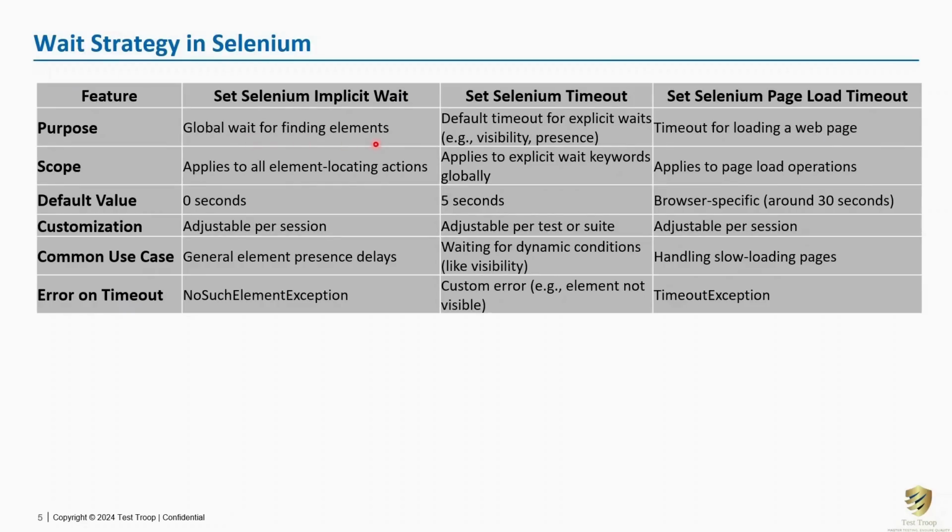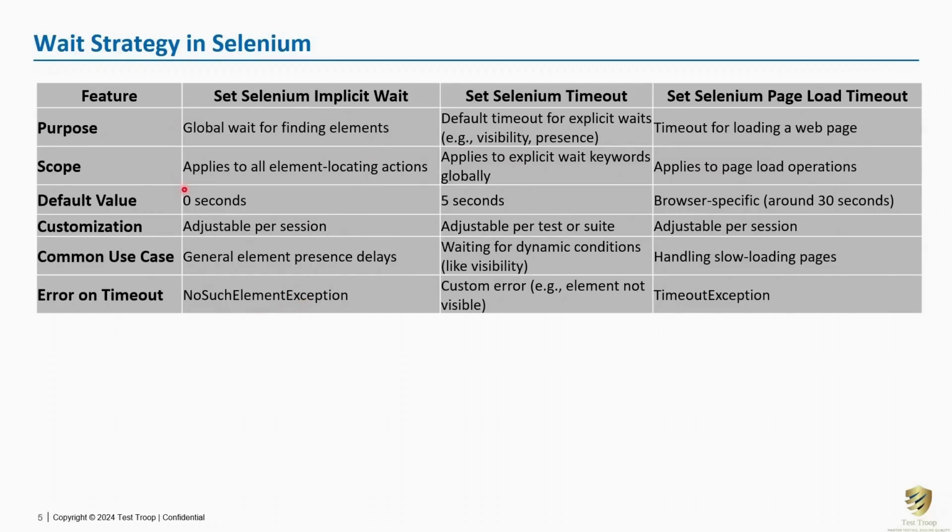For example, in case you want to perform a click operation on an automobile menu, if you set Selenium implicit wait as 5 seconds, Selenium will wait for 5 seconds to locate this particular element. Here in this case it is an automobile element. In case it is not able to locate this particular element for the given 5 seconds, then it times out, giving a no such element found exception.